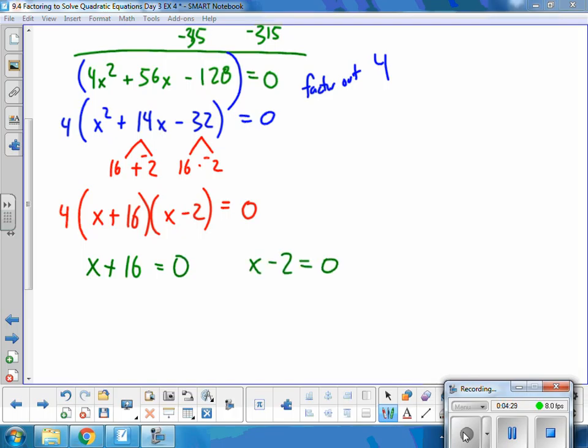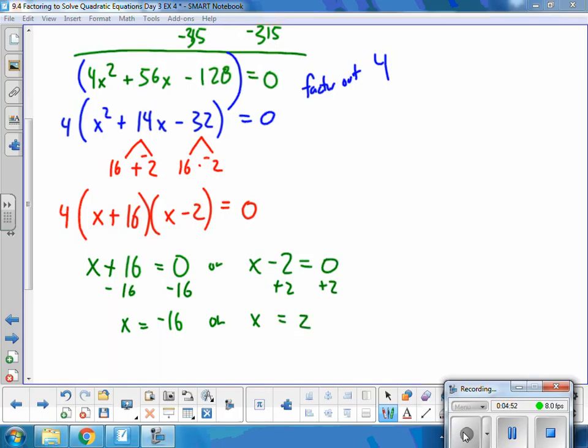One of these is going to be 0, so that's why I can work with my or. I can then solve these. So x is going to be equal to negative 16, or x, once I add 2 to both sides, is going to be equal to 2.